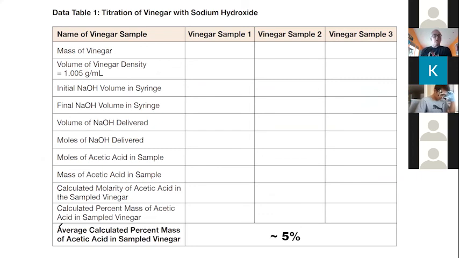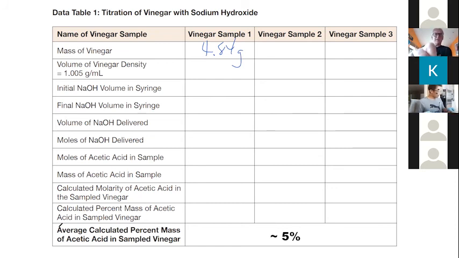All right, let's go back to the example I had, the reaction that Roger did. So he had 4.84 grams of vinegar. And then we converted that to a volume using the density.